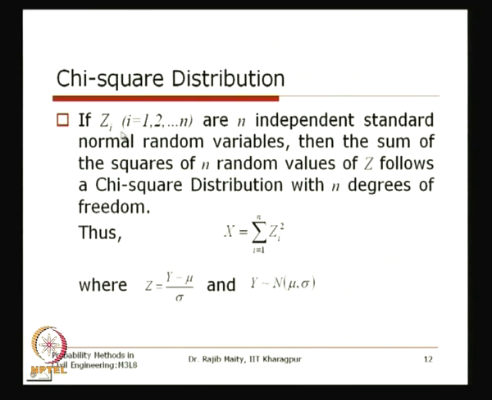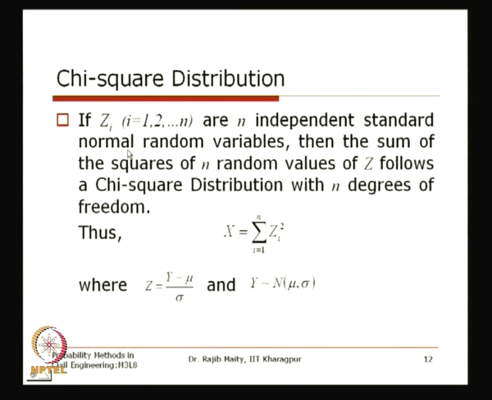Suppose Zi, for i equals 1 to n, that is Z1, Z2, Z3 up to Zn, are independent and identically distributed, sometimes abbreviated as IID, and follow the standard normal distribution.